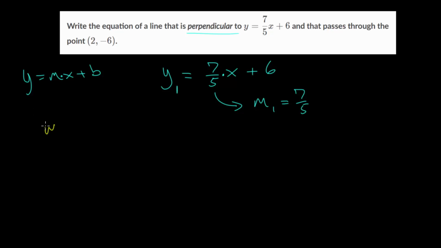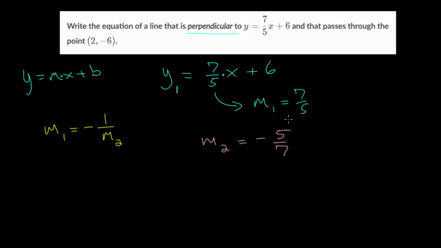Or in other words, we can write that the slope m1 is the negative reciprocal of the slope m2. So we want to take this fraction, flip it over, and then make it negative. So we can say that the slope m2 is minus 5/7.